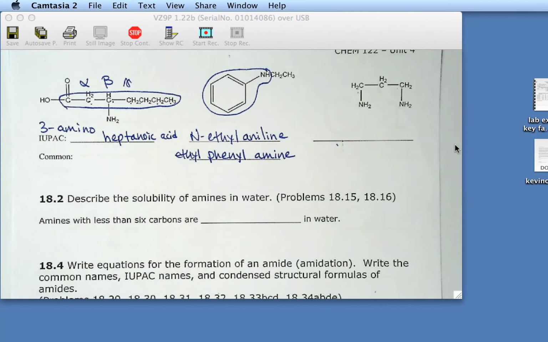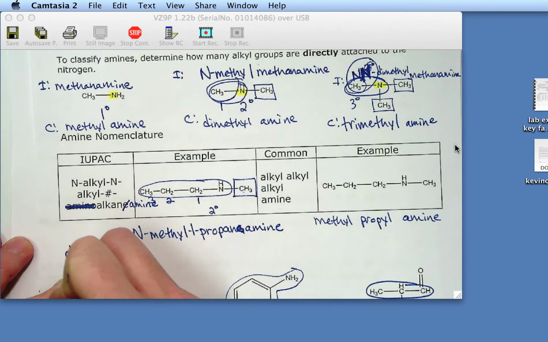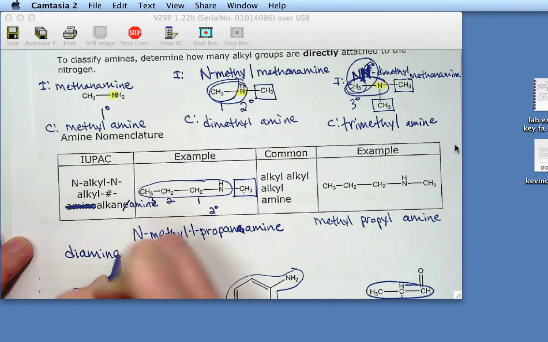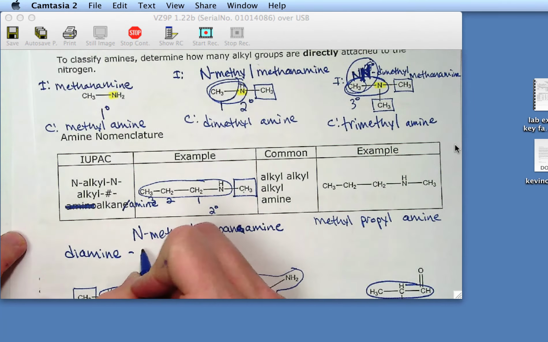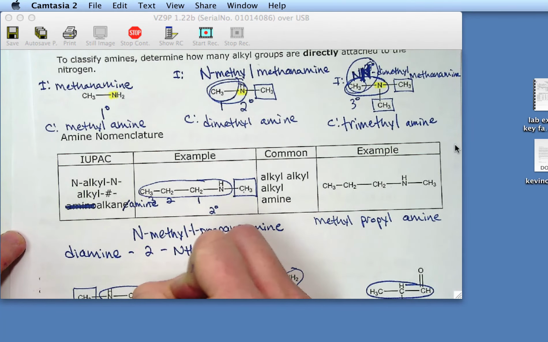You said just go with the NH. All right, this last one, and I didn't have the diamine. Just like our other diol, dioic acid, dial. A diamine, 2 amines present, 2 NH2s present.